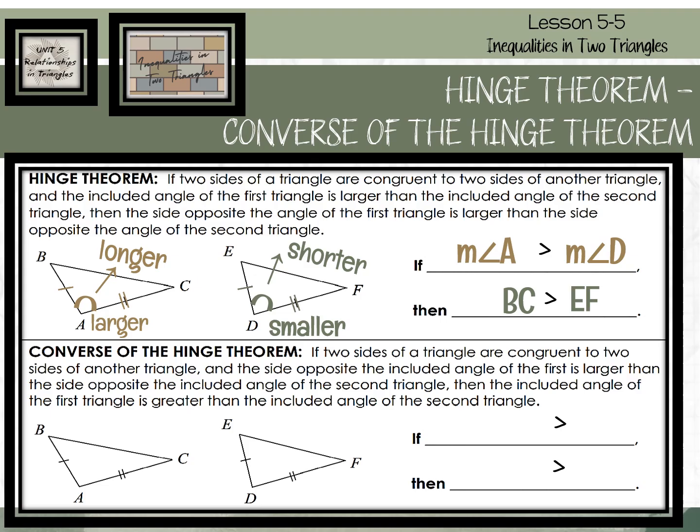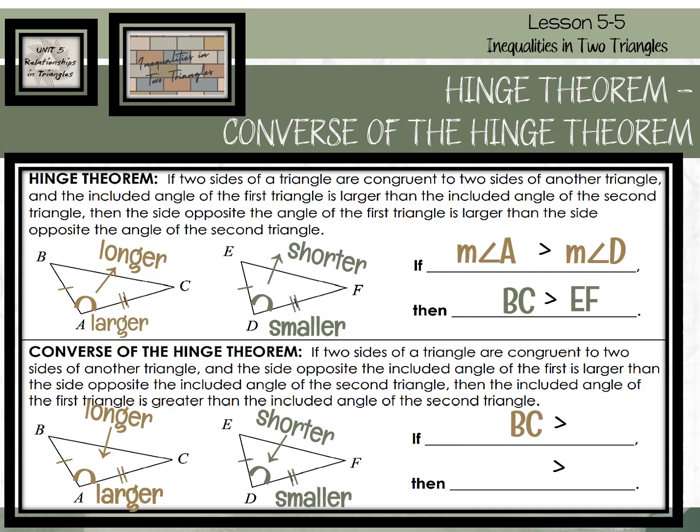Let's do the converse. If two sides of a triangle are congruent to two sides of another triangle, and the side opposite the included angle of the first is longer or larger than the side opposite the included angle of the second triangle, then the included angle of the first triangle is greater than the included angle of the second triangle.